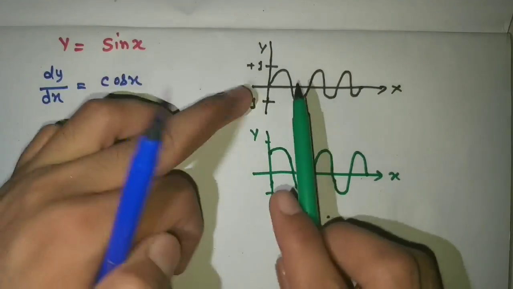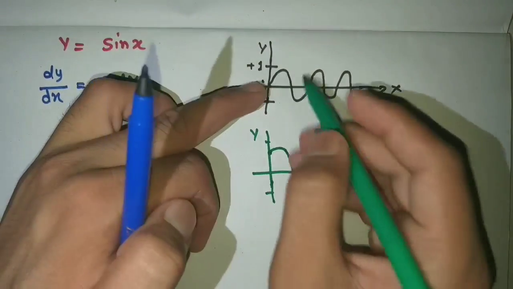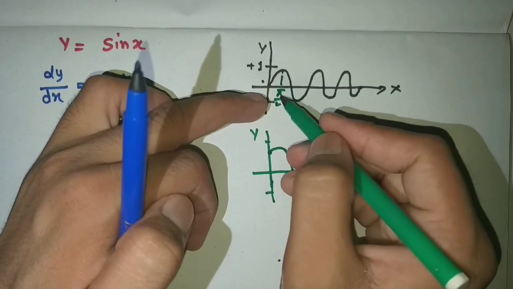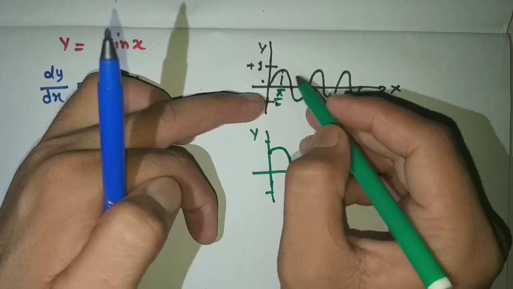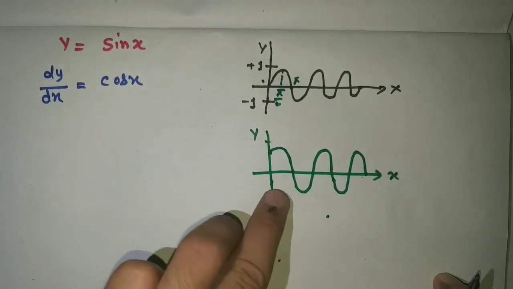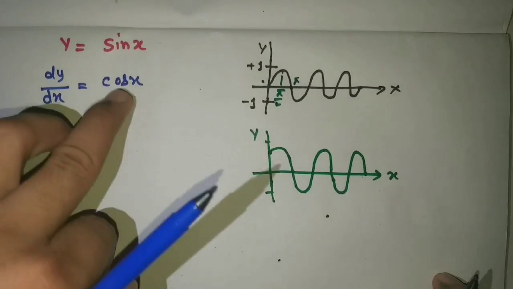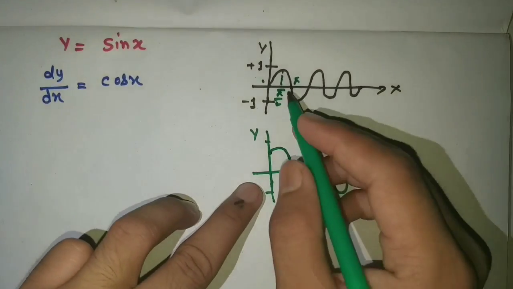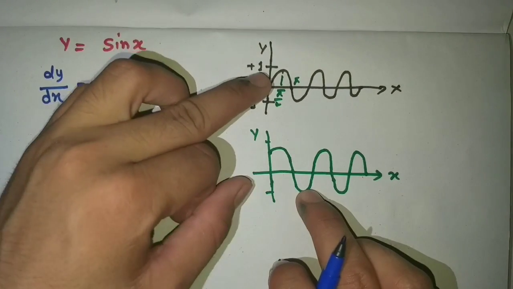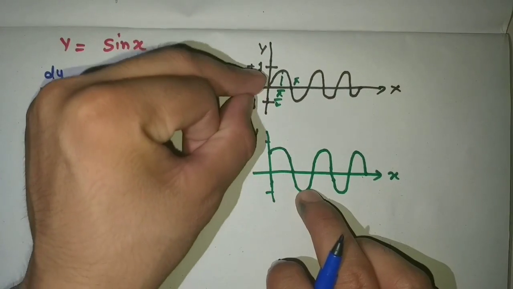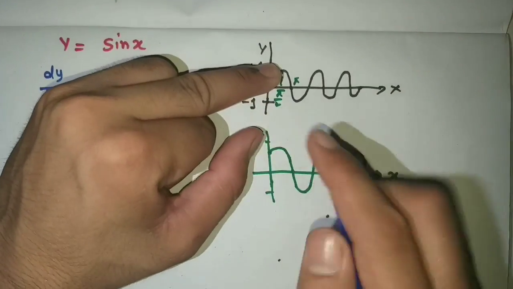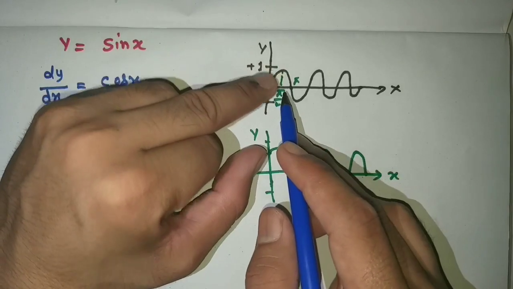Here see, it is 0 degree and here it is pi by 2, I mean to say it is 90 degree, and here again it is 90 degree. And if you see, after differentiating the sine x, I got cos x, which is 90 degree more. Now if you see the graph of sine x, it is like here, and the cos of x is starting from here, which is 90 degree.